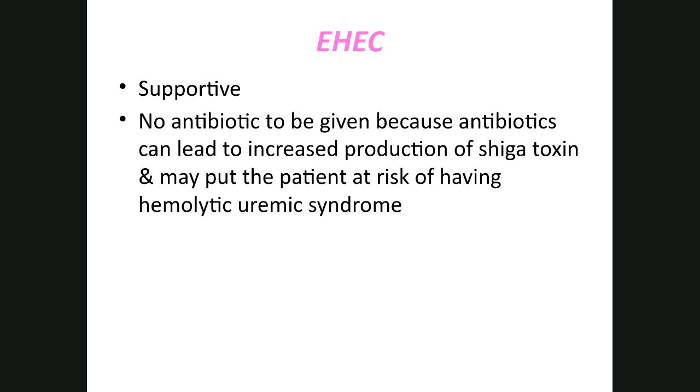This toxin acts on the cells and interferes in protein synthesis, which results in the destruction of these cells. The principal cells involved are the endothelial cells of the kidney, which lead to hemolytic uremic syndrome, and the platelets and RBCs. So all these three varieties of cells are mainly involved.